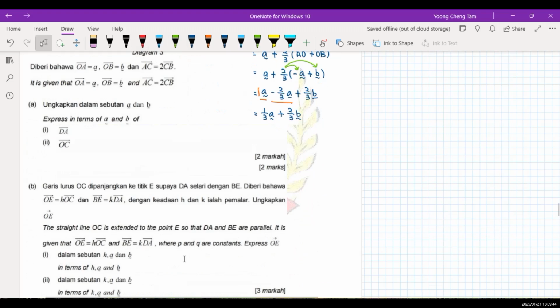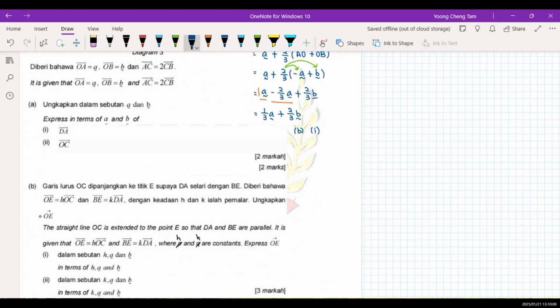Of course it's not P and Q, it's H and K, so that is a typo in the question, because we didn't have P and Q in our question. So where H and K are constants, you need to find the vector OE.